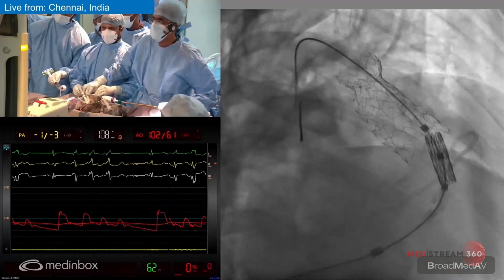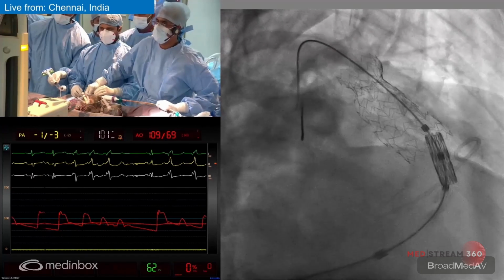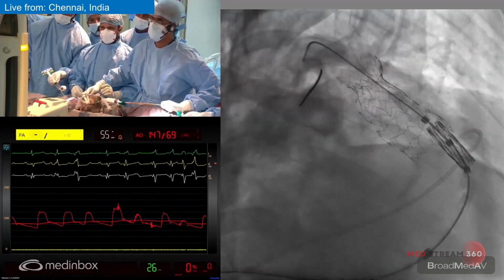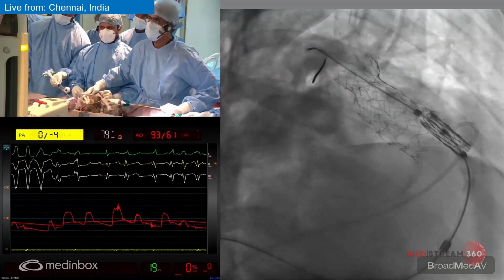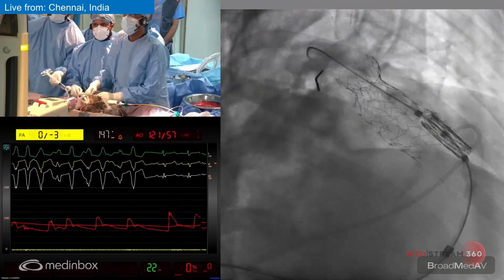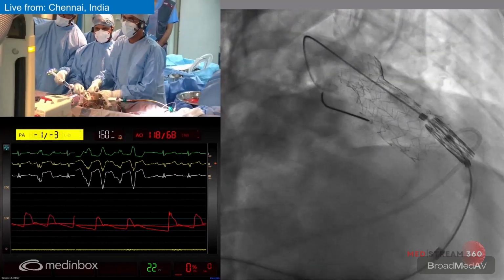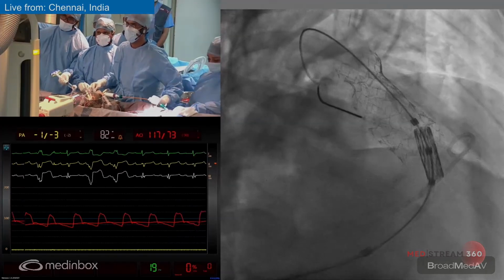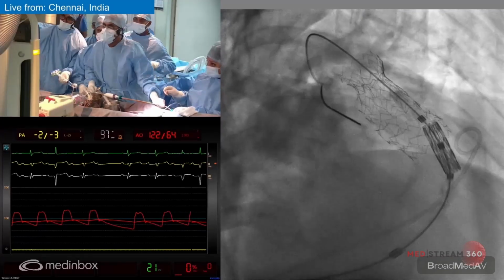So now I am going closer to the outflow tract. At this part, advancing the balloon will need a pull and push. So I'm getting the wire deeper. I'm reducing the guide wire bias.